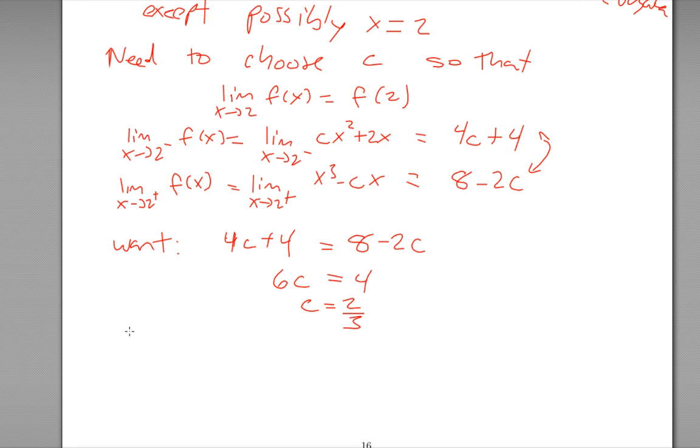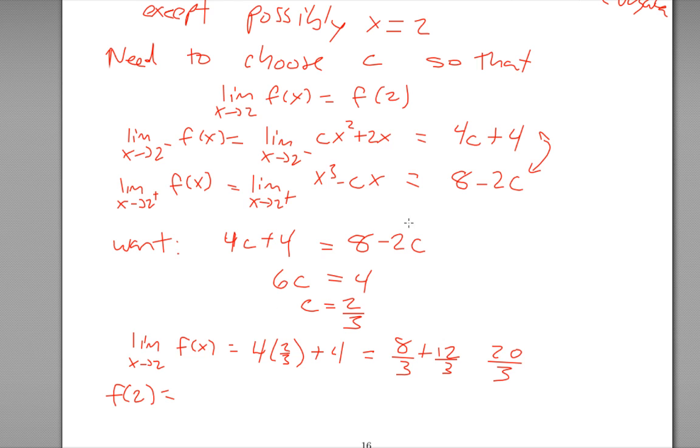The limit as x goes to 2 of our function f of x is equal to, well, if we go back in and plug in c equals 2/3 into either one of them, because they're now the same, we have 4 times 2/3 plus 4, which is 8/3 plus 12/3, which is 20/3. Now, what is the value of f at 2?